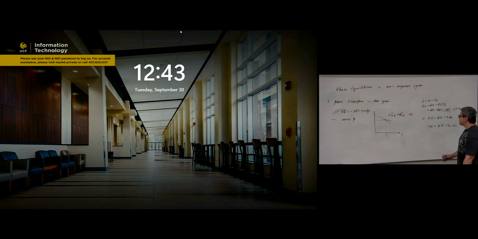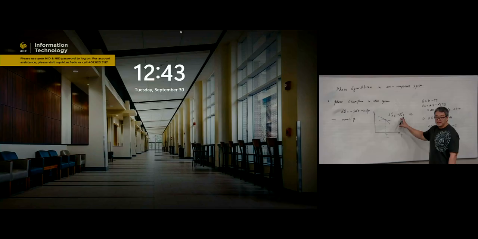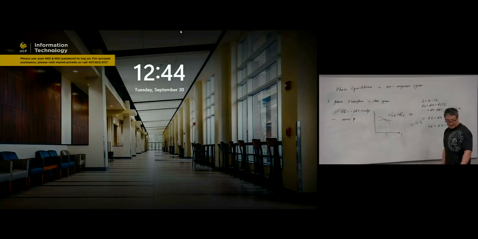And we know that from the gas phase to liquid phase, what's the delta G here? If we change it from this point to this point, delta G is what? Delta G is G solid minus G liquid, right?